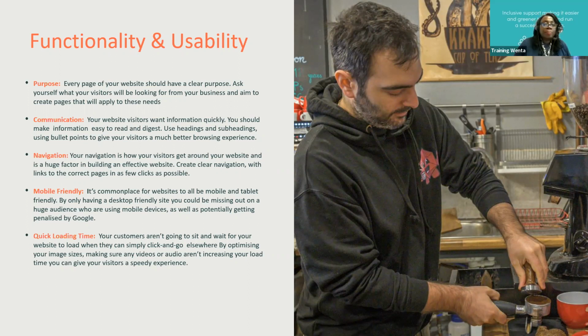Okay, so functionality and usability. One of the key points there that I'd like to pull out of this is the second point, communication. Your website visitors want information quickly. You should make information easy to read and digest.